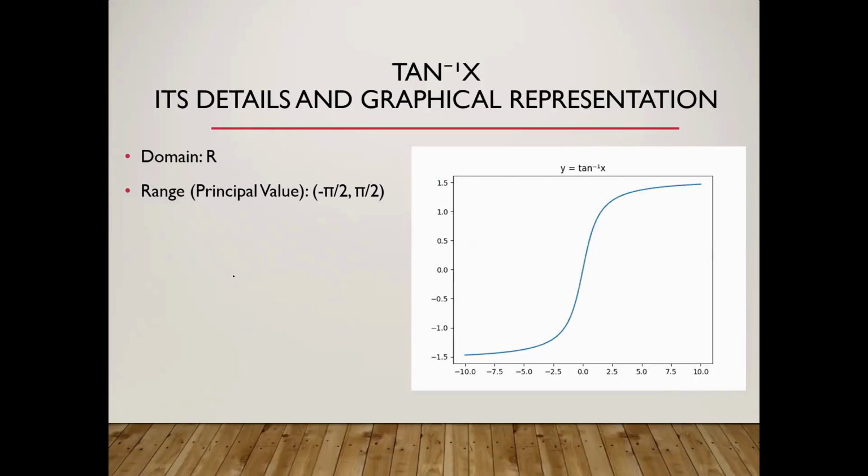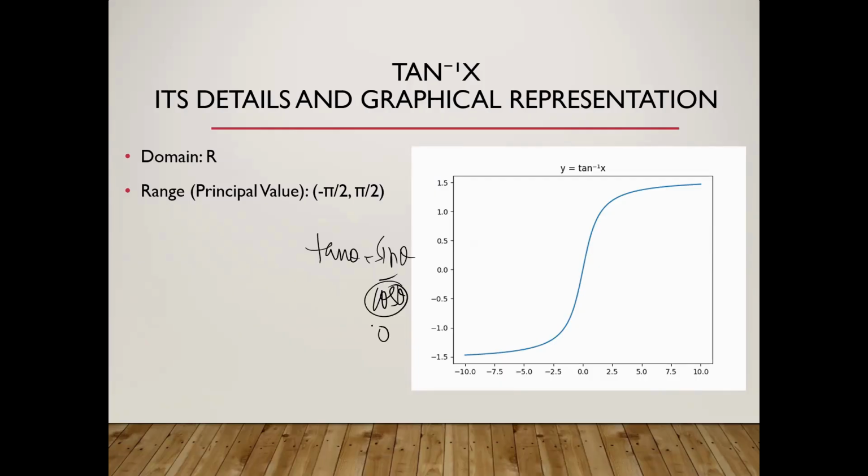Moving further, tan inverse function. Now here domain will be all possible real numbers, but range is minus pi by 2 to pi by 2 open interval. Why minus pi by 2 to pi by 2 open interval? Because at minus pi by 2 and pi by 2, the function becomes not defined. I told you tan theta is sine by cos theta, which is not defined at pi by 2, right?